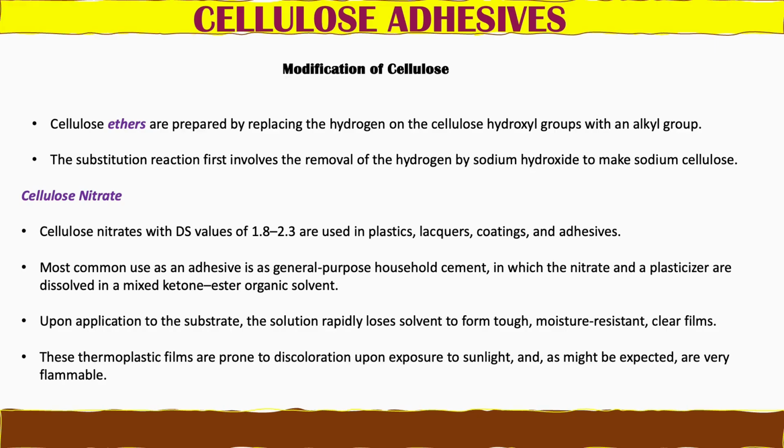So it's a mixed solvent, ketone ester solvent, and of course an organic solvent. So when applied on the substrate, the solution loses the solvent molecule rapidly, and during the process, when it loses the solvent molecules, it becomes tough, hard and moisture resistant, and a clear film is formed on the surface. So that's all about the cellulose nitrate.